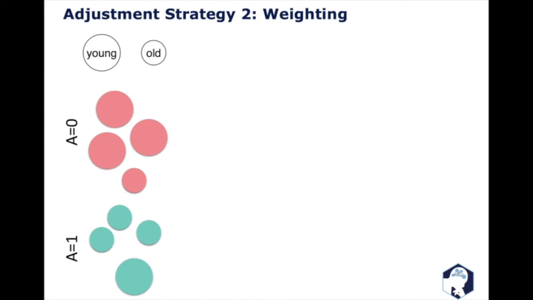So to give a little bit of intuition about why this weighting works, I just want to show a very simple toy example here where we have a sample. In this sample, we have some imbalance, or we have a confounder, which is age, where the individuals who are exposed with A equals 1 tend to be older, and those who are unexposed or don't get the treatment tend to be younger.